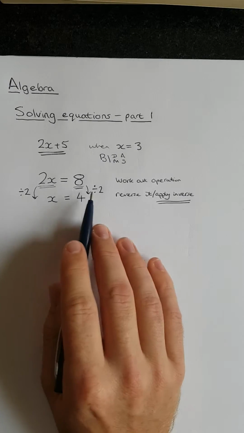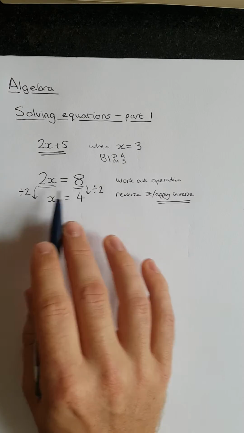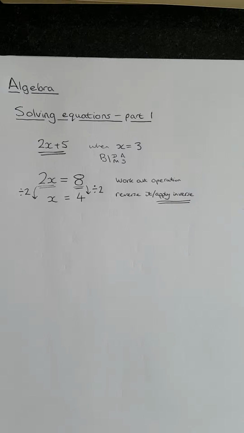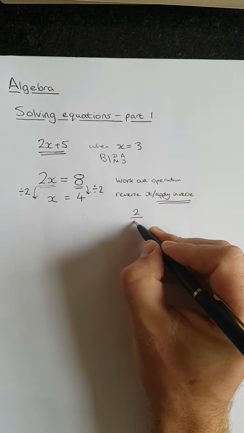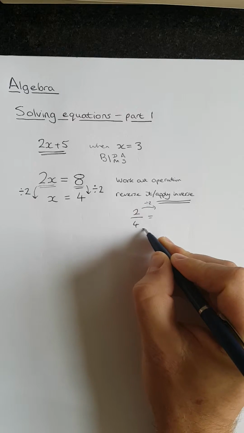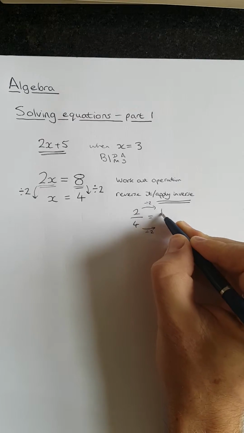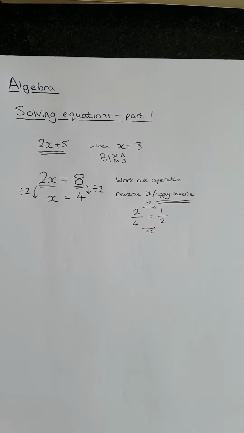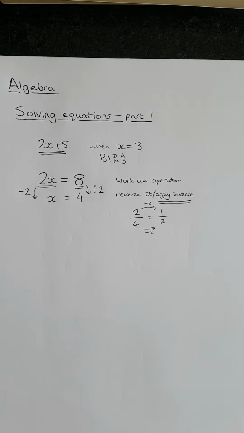So what I'm doing is, I'm doing the same operation on both sides. A bit like in fractions when you apply the same operation to a numerator and a denominator in order to simplify a fraction. So you can think of this as simplifying an equation, as it's called.